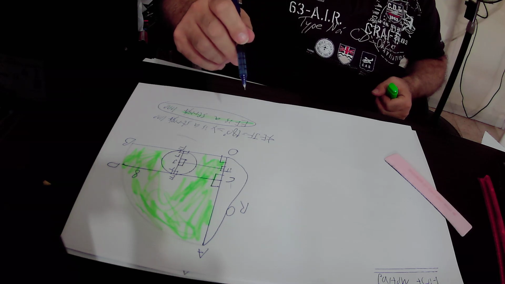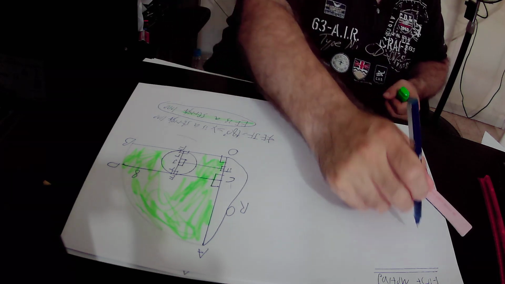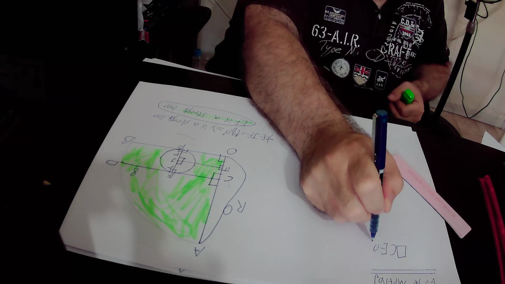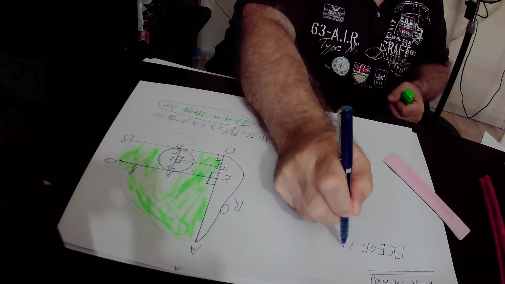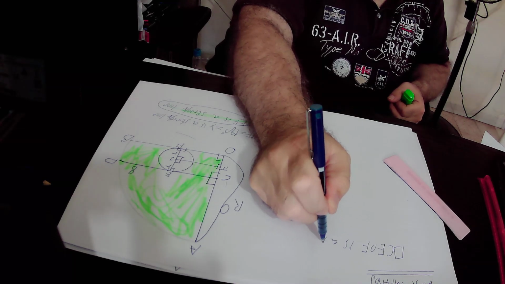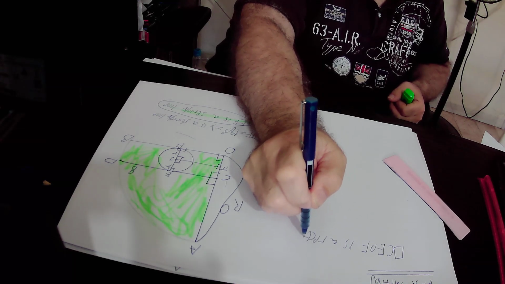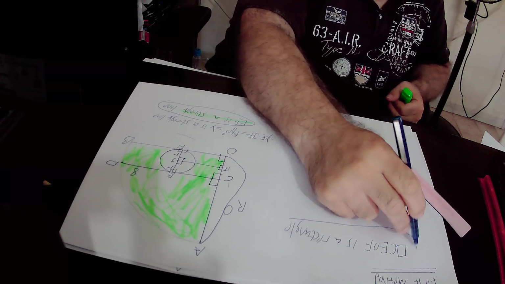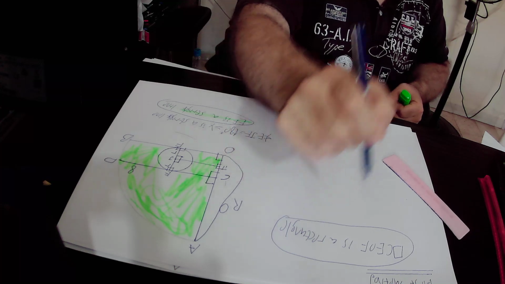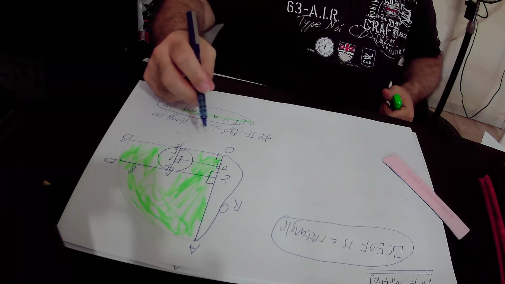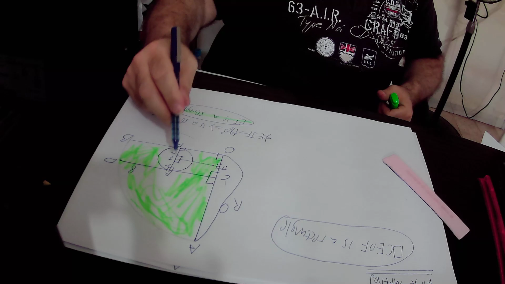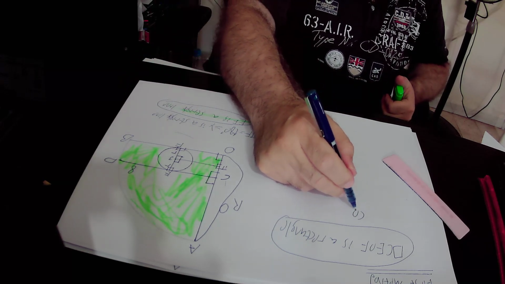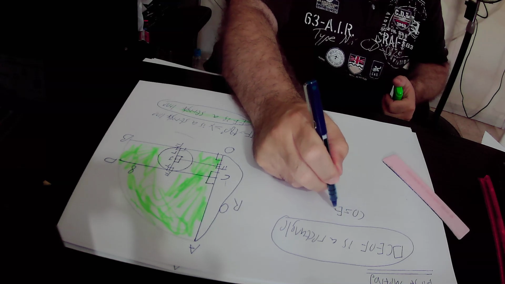Quadrilateral CEOF is a rectangle. Why? Because it has 4 right angles. And we also know that the opposite sides of a rectangle are equal to each other. That is to say, in rectangle CEOF, CO must be equal to EF.